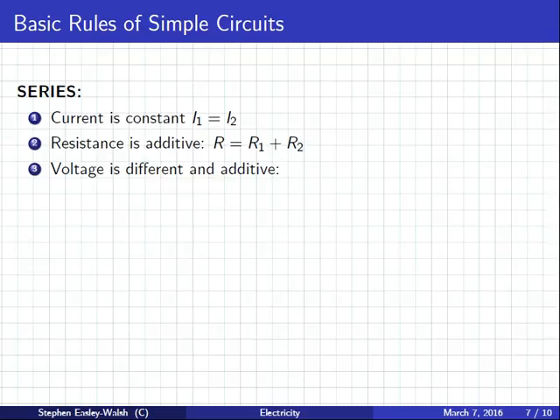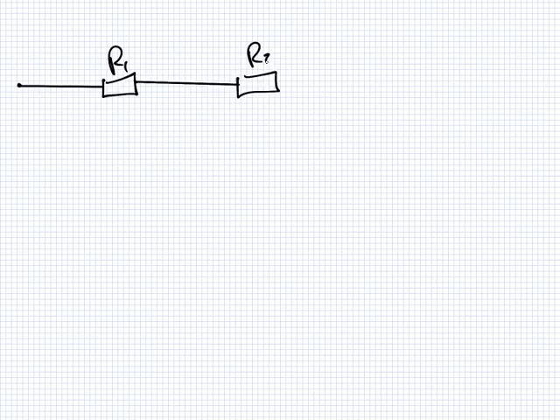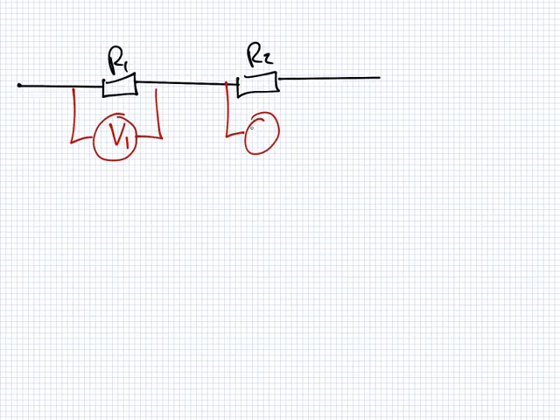Okay, voltage is different and additive. So what I mean by that is, here we have, let's say, one resistor, and here we have another resistor. Imagine I have a voltmeter here. It will say V1 on it. I put a voltmeter here. It will say V2 on it. V2 will not equal V1. They'll be different. Sometimes they can be the same if the resistors are the same, but they're usually different.